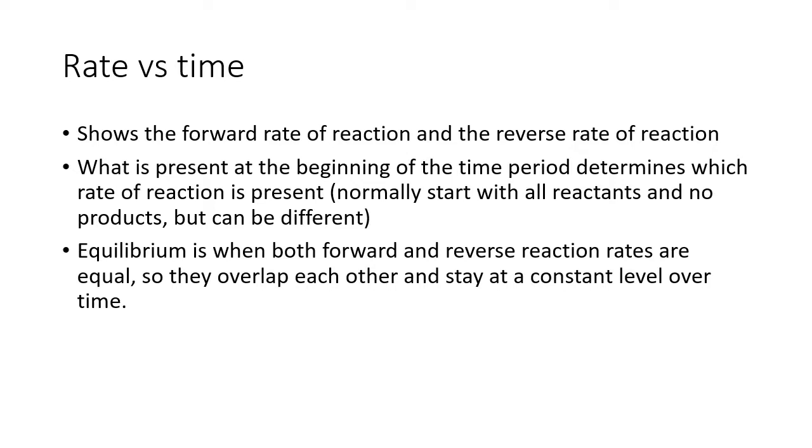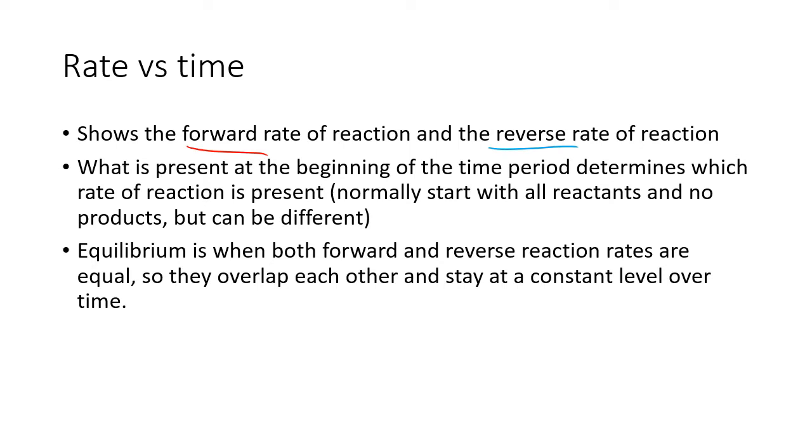Alright, so rate versus time shows the rate of forward and reverse reactions over time. What is present at the beginning of the time period determines what rate of reaction is present. So in general, say you have all reactants, then only the forward rate of reaction will start, and there'll be no reverse rate of reaction because there are simply no products there.